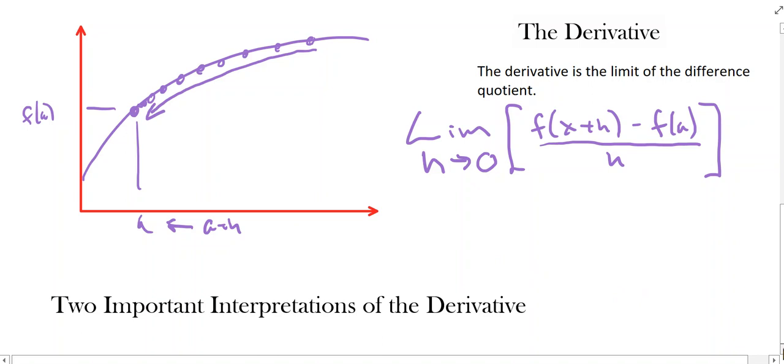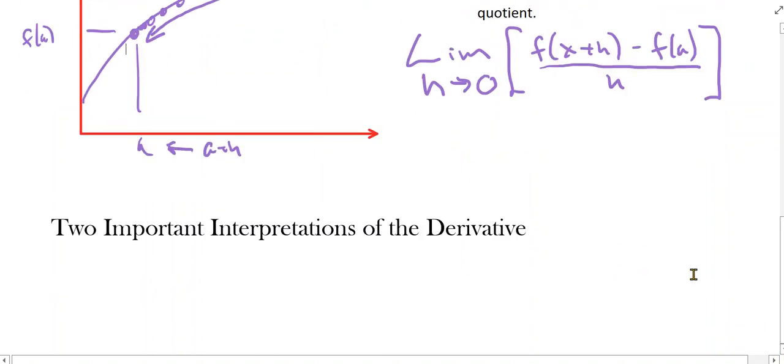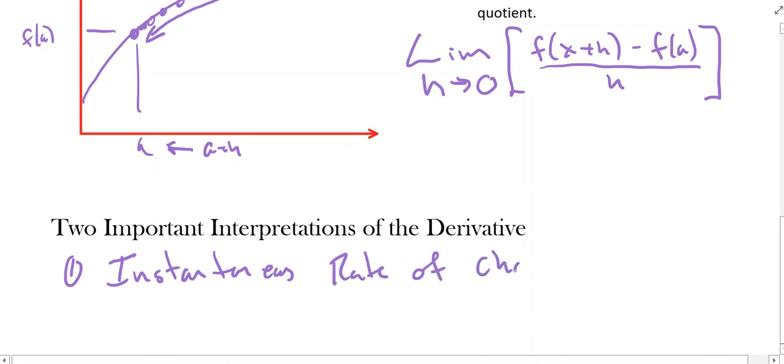And so there are two important interpretations of the derivative. The derivative gives us what we call instantaneous rate of change. Instantaneous rate of change. And by the way, if I misspell anything, don't bother letting me know, because I'm not going to change it.